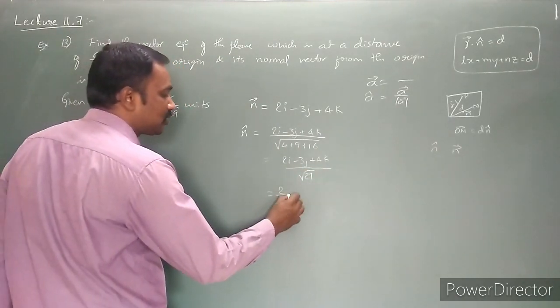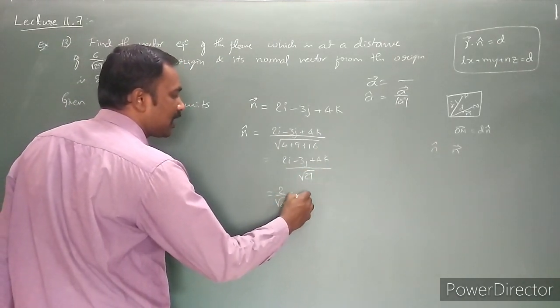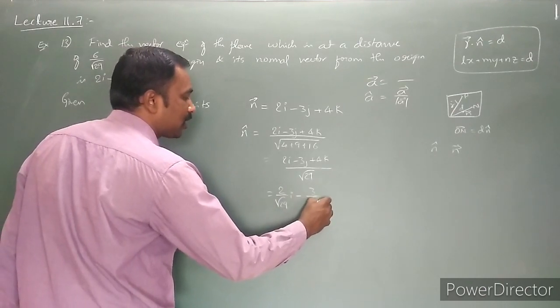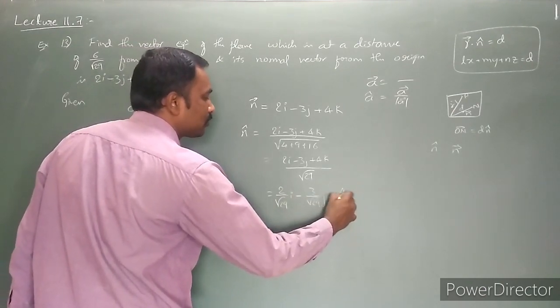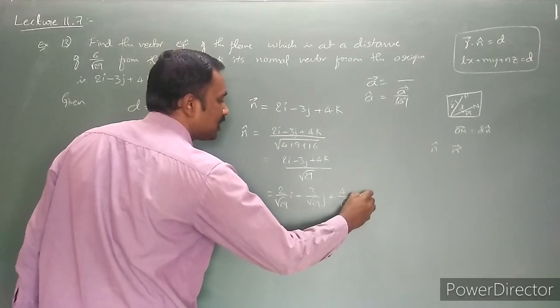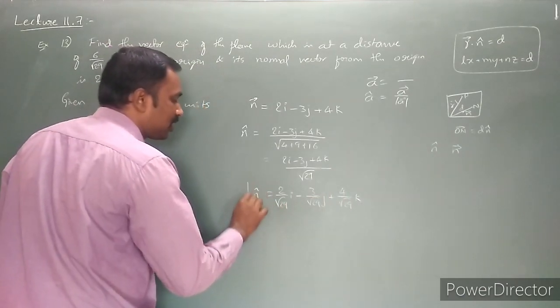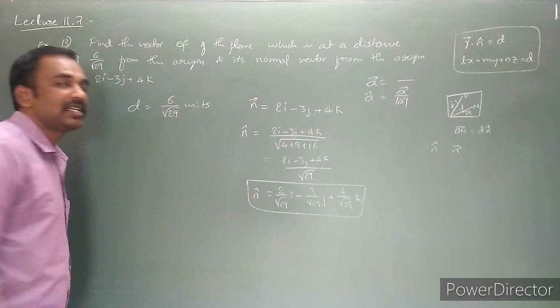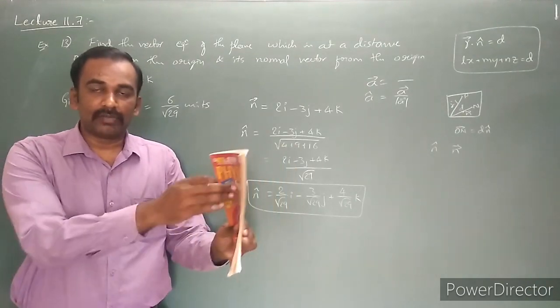This we can write as 2 divided by root 29 i minus 3 divided by root 29 j plus 4 divided by root 29 k. This is the required unit vector in the direction of the normal to the plane.